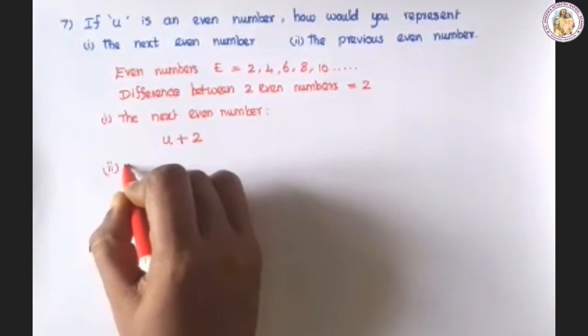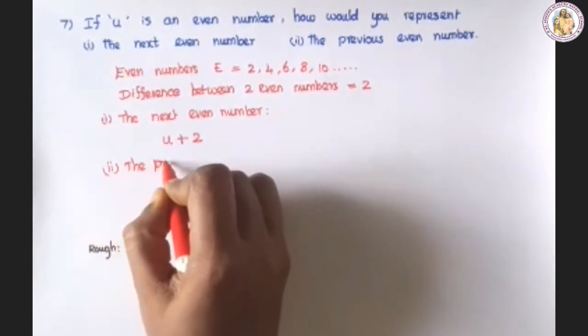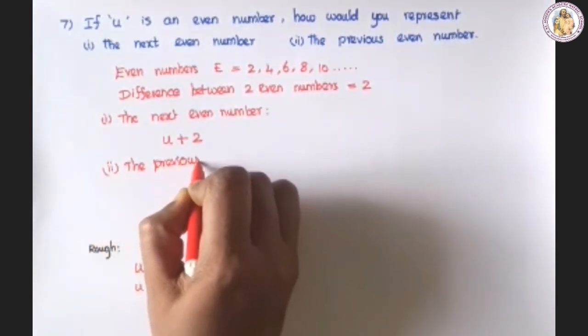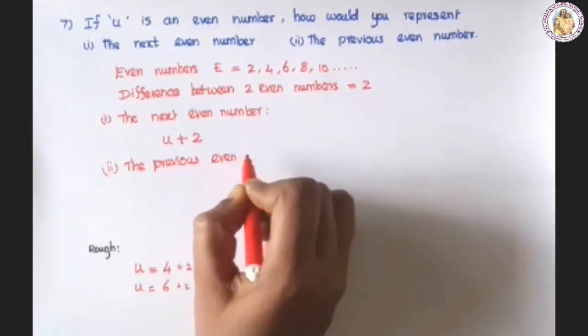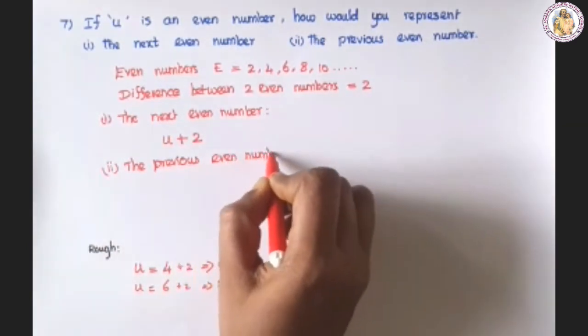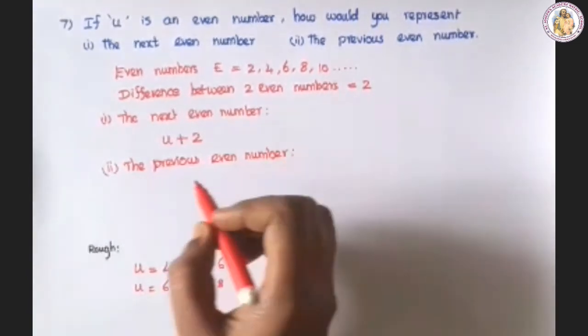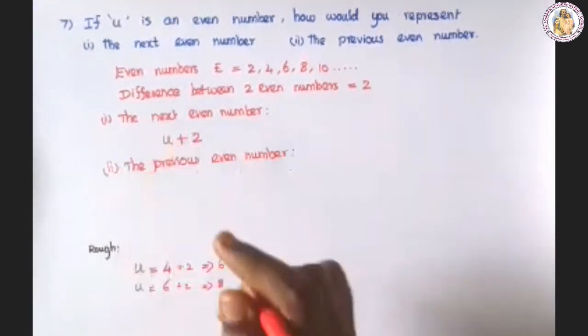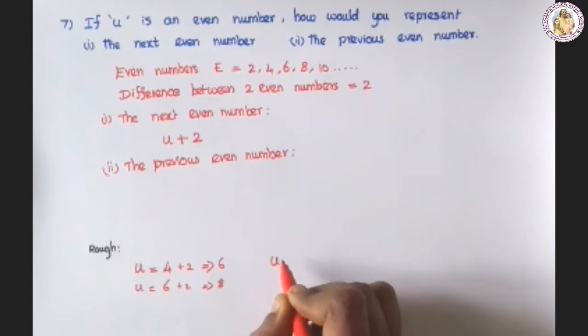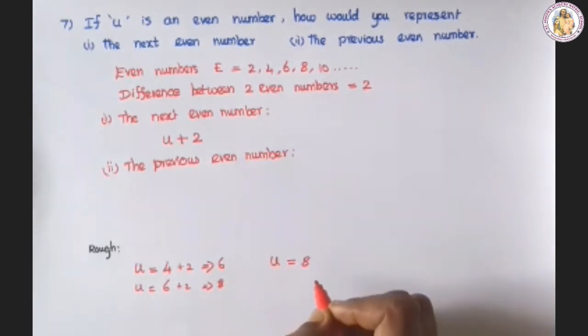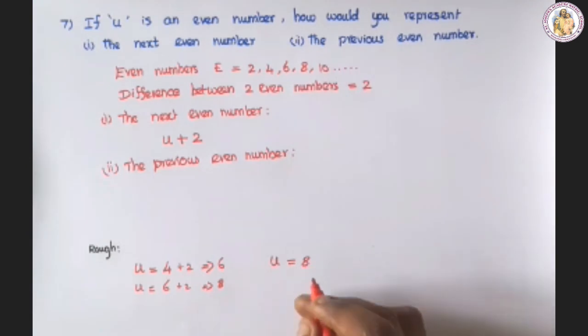Next one, the previous even number. Previous means before number. What is the before number? If you take the value of u is 8. What is the before even number?